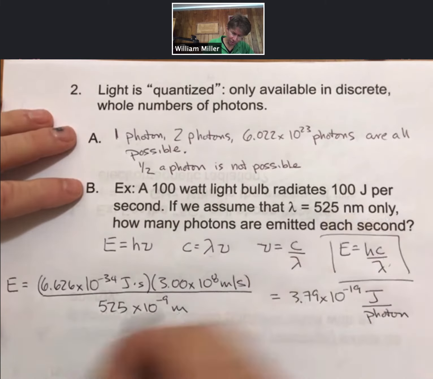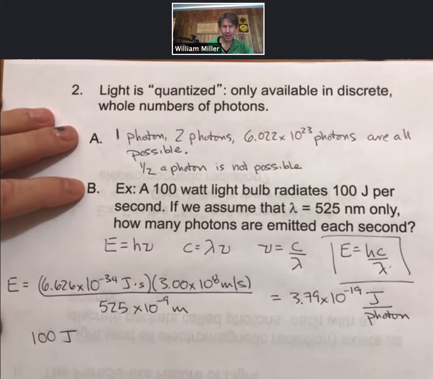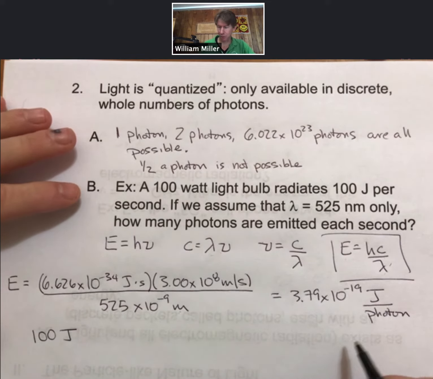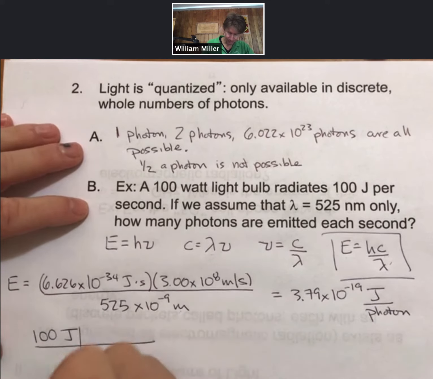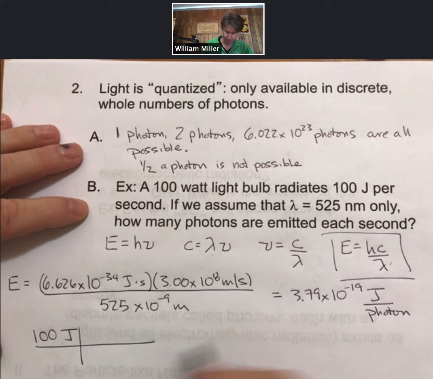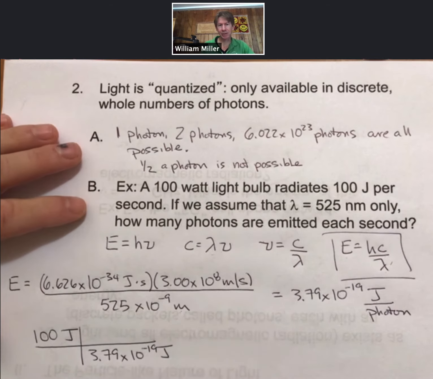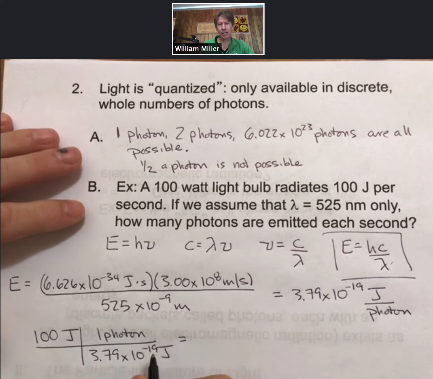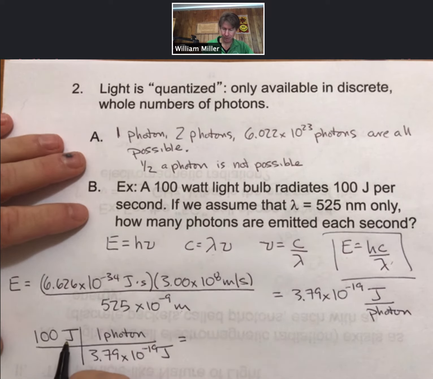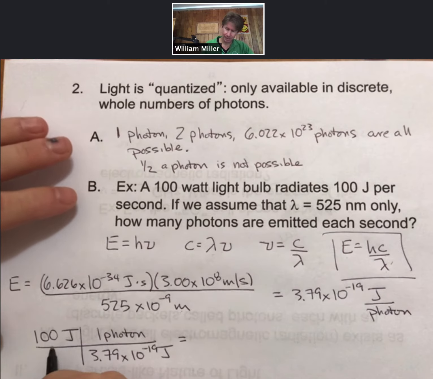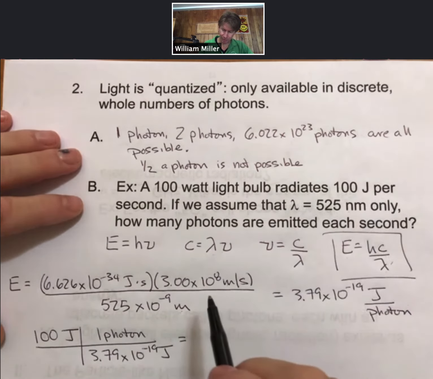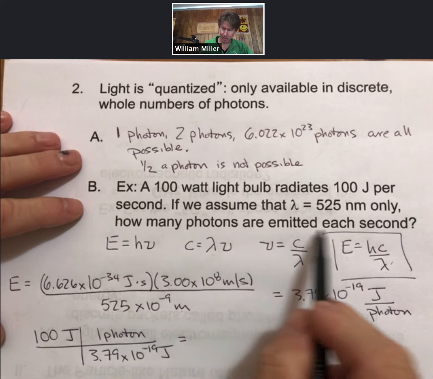I have 100 joules, and I know that there are 3.79 times 10 to the minus 19 joules per photon. So if I put my joules with the number on the bottom, 3.79 times 10 to the minus 19 joules per 1 photon, I can calculate how many photons there are in each 100 joules. The only part we need is the 100 joules for this part, because it says how many photons are emitted each second.